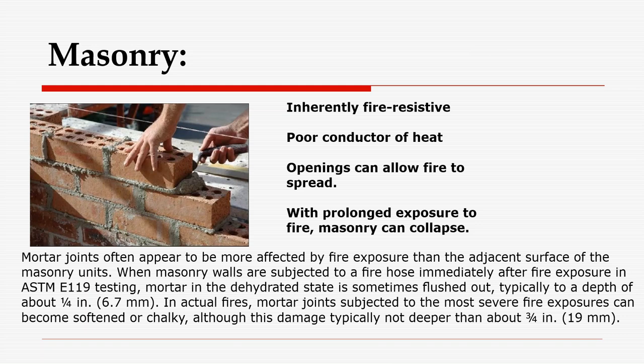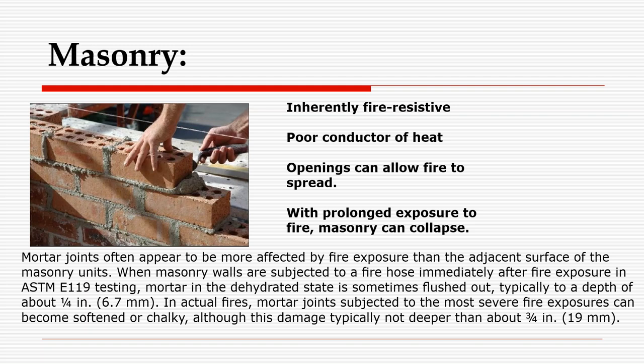So masonry, brick, if you want to, is inherently fire resistive. They're poor conductors of heat. We remember from fire science, poor conductors don't allow heat to transfer through as easily as a good conductor, something like copper, where the molecules are tightly packed together, allowing heat to transfer from one molecule to another fairly quickly.